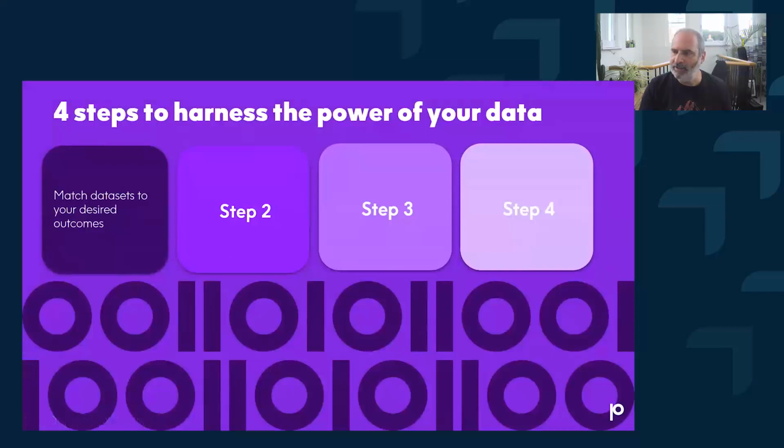But how can you harness that data? Well, first of all, looking to match data sets that are aligned to your desired outcome. So don't go looking for every single data set. Look at and understand the outcome you want. It might be, hey, I want to be able to create a marketing list.